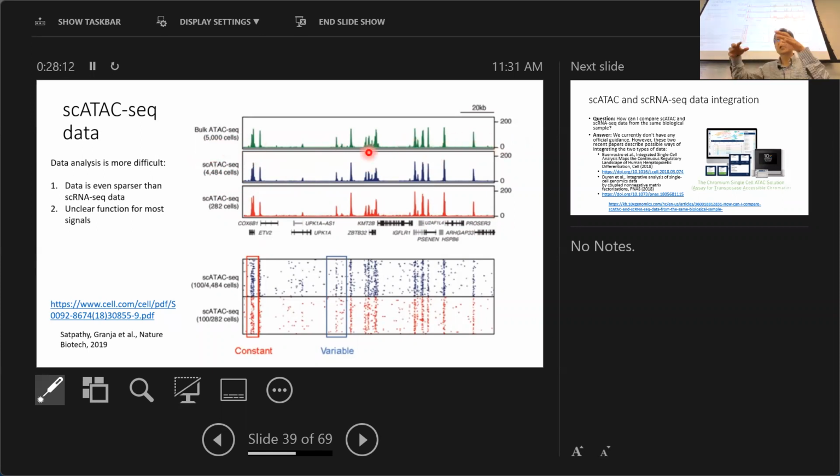So they're highly dynamic, but as a group, there are certain signals which are always there, the same shape. Do you understand this?